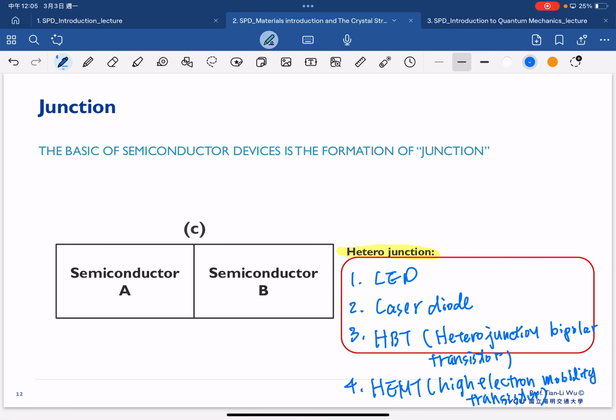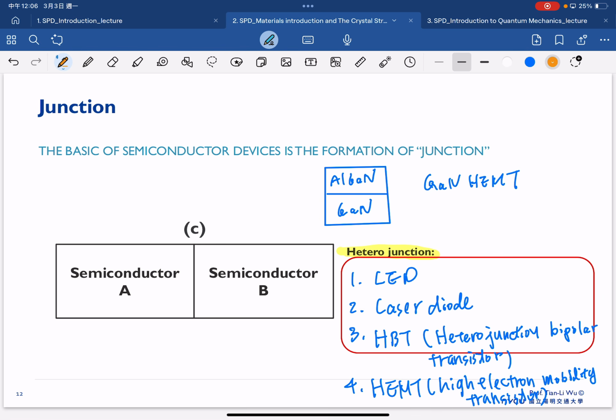For example, in the gallium nitride HEMT, which is a combination of two different materials, the typical schematic for the GaN HEMT is gallium nitride, and then we put aluminum gallium nitride on top of the gallium nitride. So that's already two different semiconductors put on top of each other. So that in the end becomes the gallium nitride HEMT.